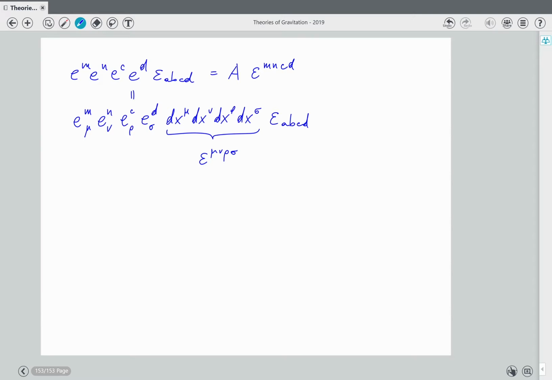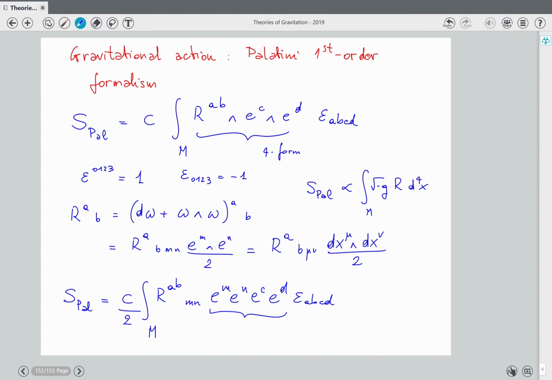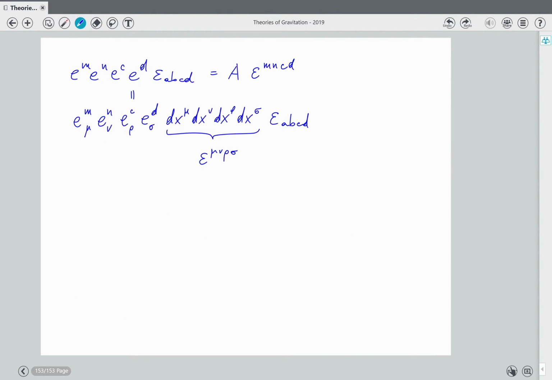And when we choose, for example, mu nu rho sigma equal 0, 1, 2, 3, and remember epsilon_{0123} is 1, then this must be dx^0, dx^1, dx^2, dx^3. So that's what it is.